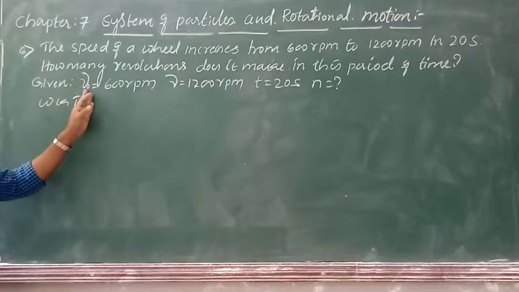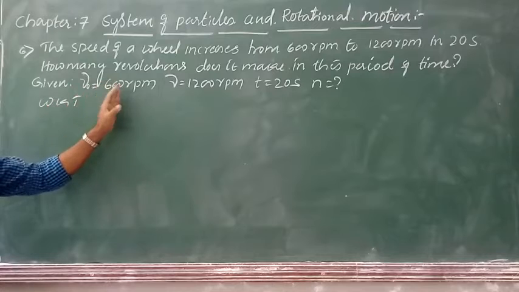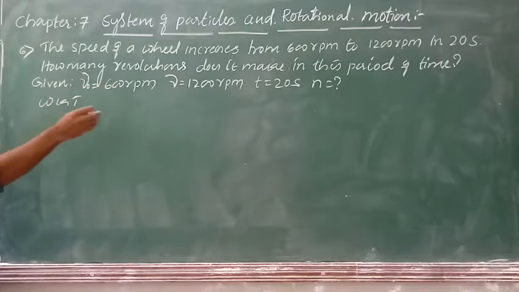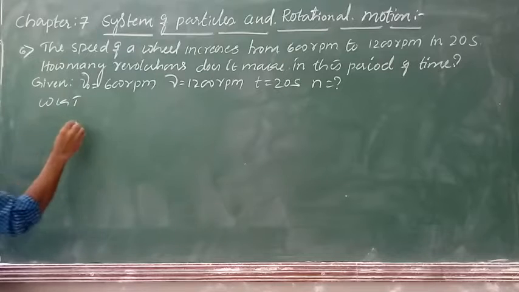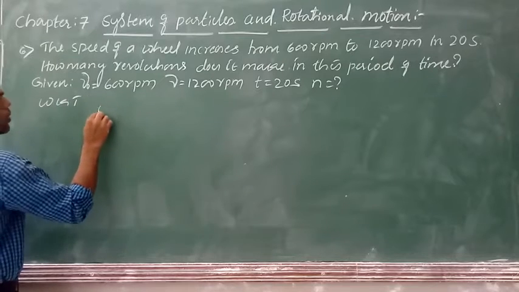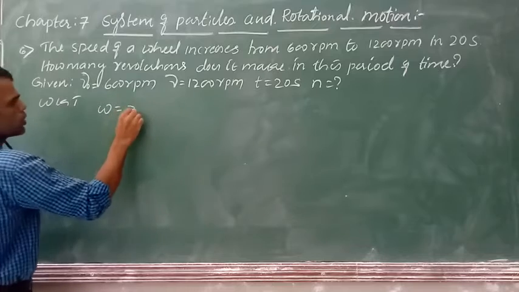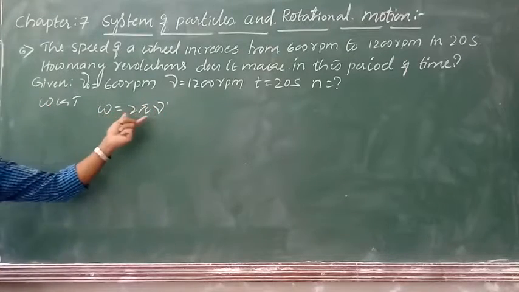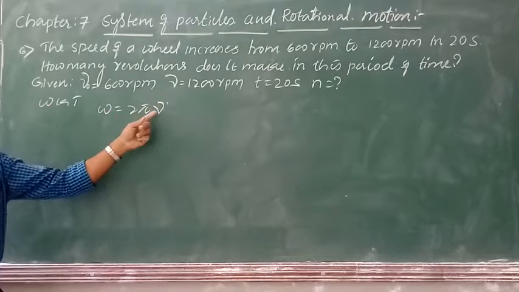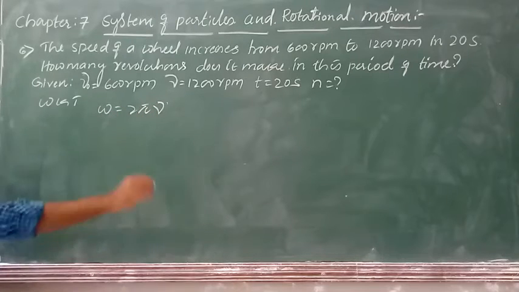See, we know that angular velocity is related with the frequency, the angular frequency of course, which is given by omega is equal to 2 pi nu, where nu is the frequency in this case.